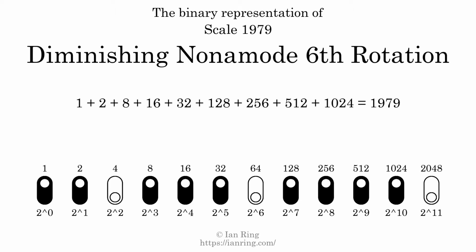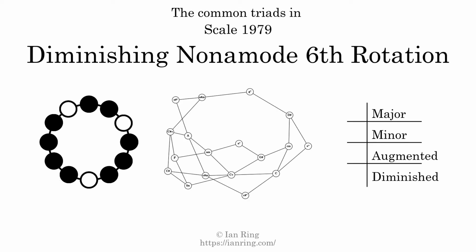That is why the scale number, in decimal, is 1979. The scale number not only enumerates the scale with a unique index, but it also literally describes the tonal content of the scale. Represented as a binary number in base 2, the scale number is 01111011111.